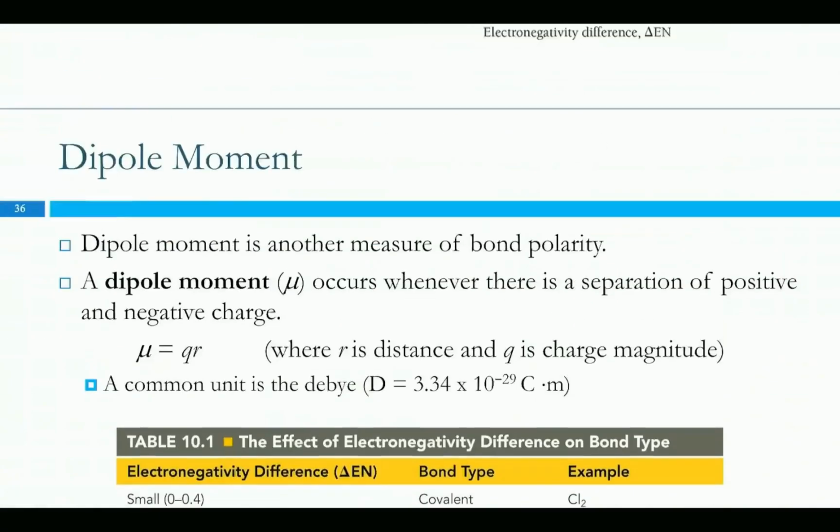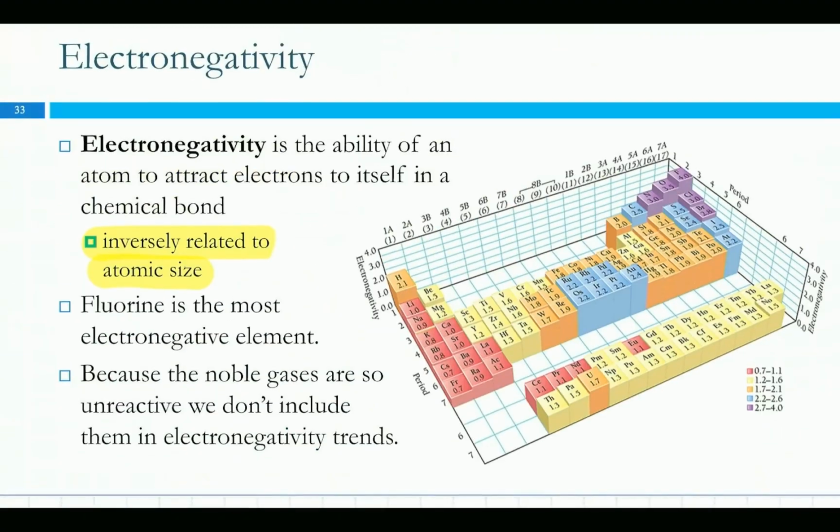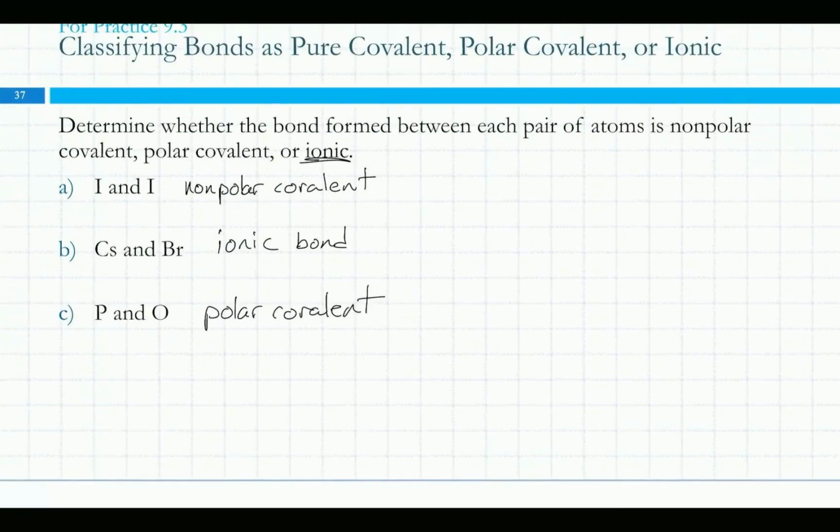Phosphorus is also a row lower. So we can go up and look at this. Phosphorus is 2.1, oxygen's 3.5. So the difference between those is going to be about 1.4.